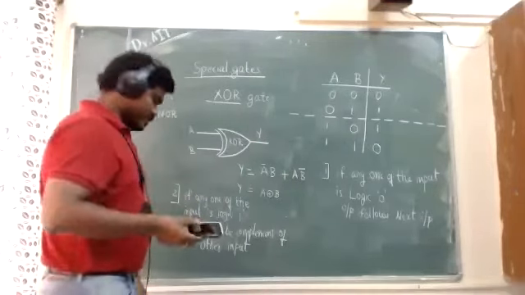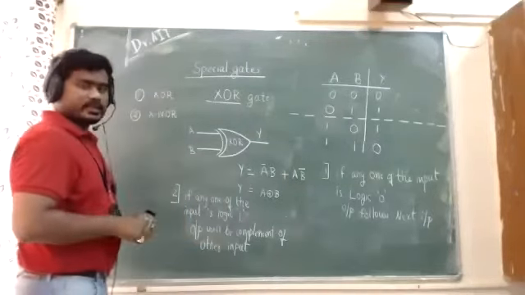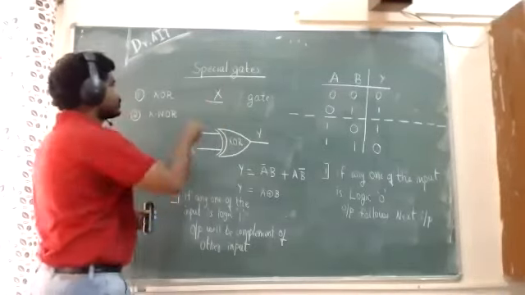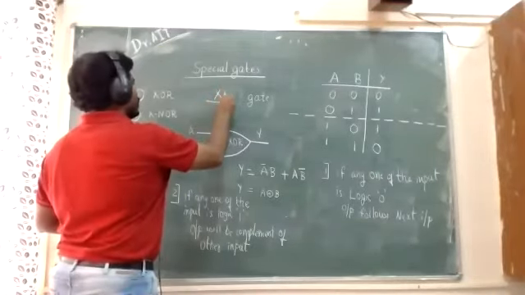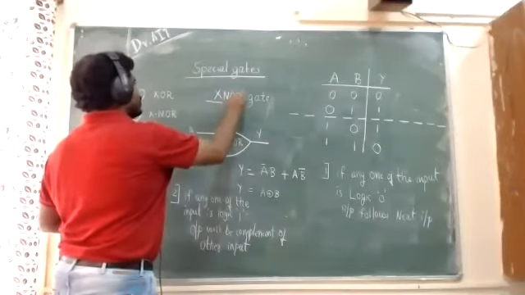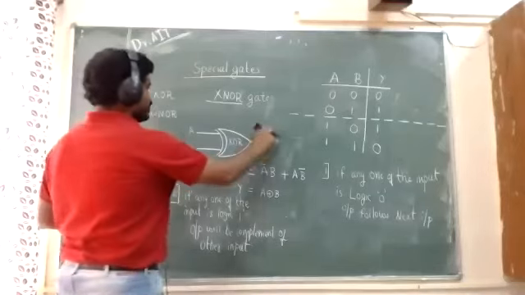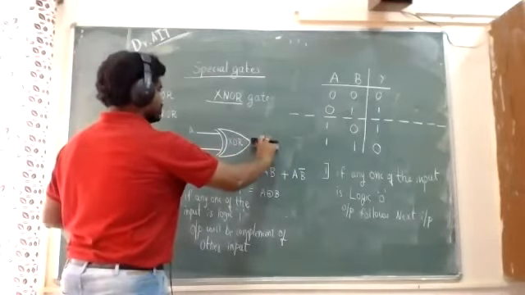Then we'll discuss the last type of gate, that is the XNOR gate. Now the XNOR gate symbol is like this.